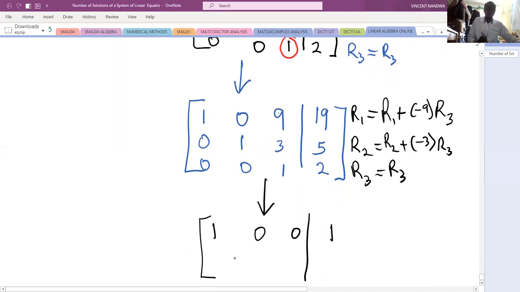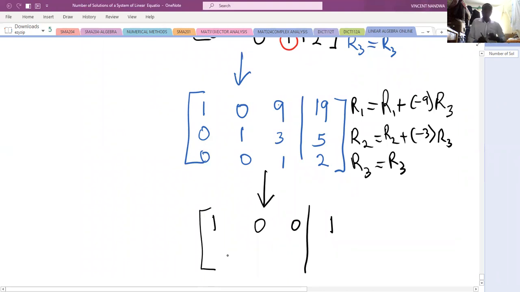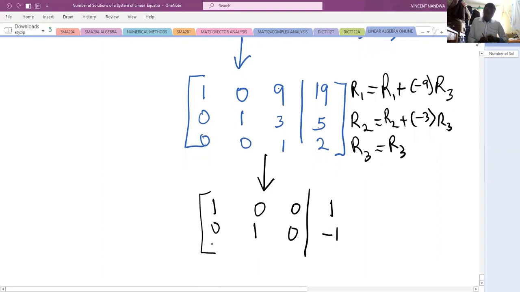And then 0 plus minus 3 times 0 is 0. 1 plus minus 3 times 0 is 1. 3 plus minus 3 times 1 is 0. 5 plus minus 3 times 2 is 5 minus 6, which is minus 1. This is 0, this is 0, this is 1, and this is 2.